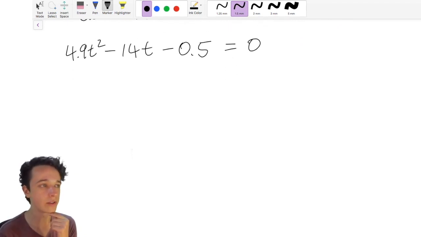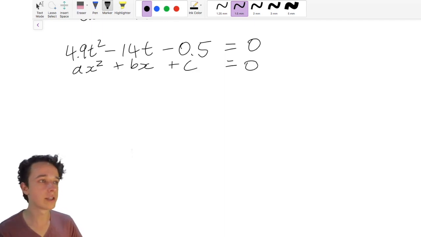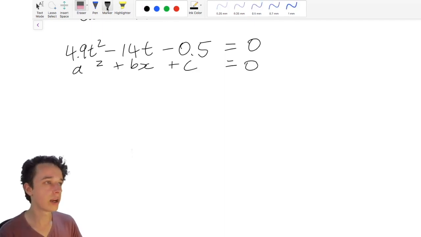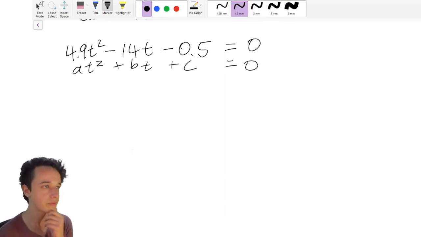This, though, is in the form of ax squared plus bx plus c equals 0, which is a quadratic equation. Instead of an x, though, we have the variable t, which doesn't really change anything because it's still just representing a variable.